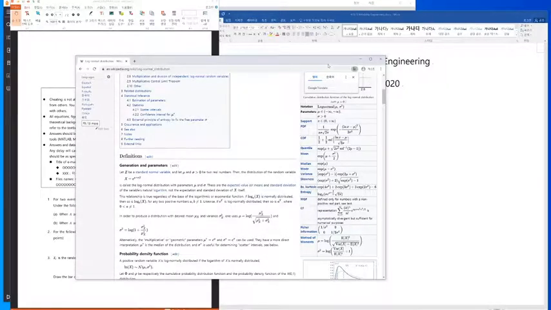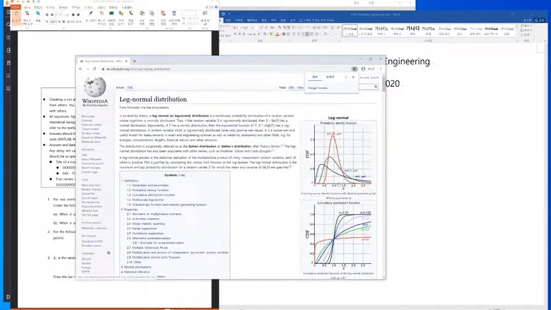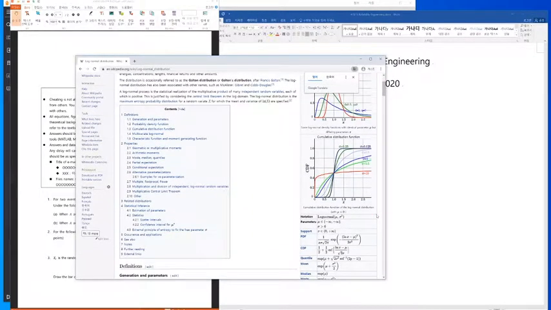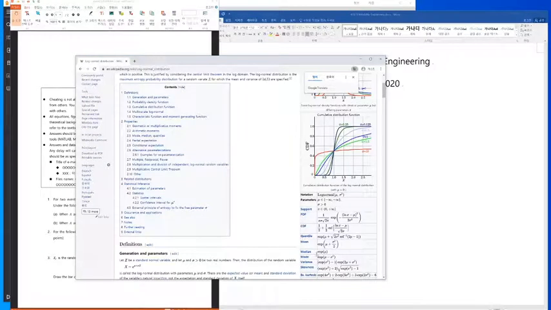The mode is the point where the PDF has the highest, maximum value, and the median is the place where the cumulative distribution function becomes 0.5.